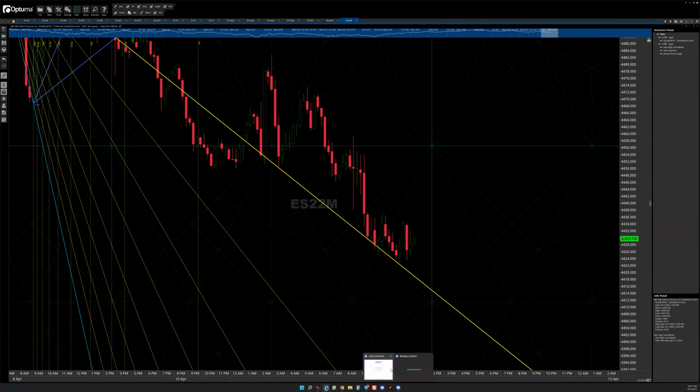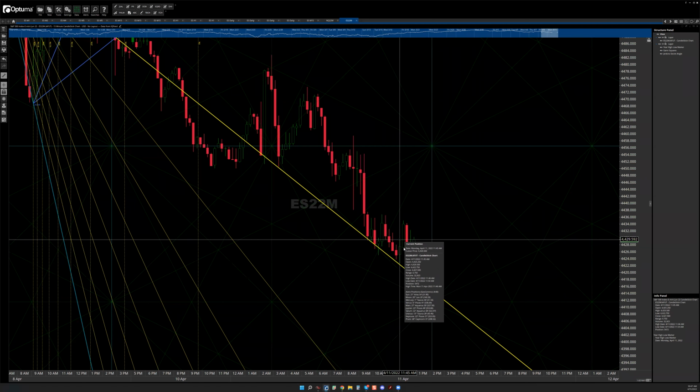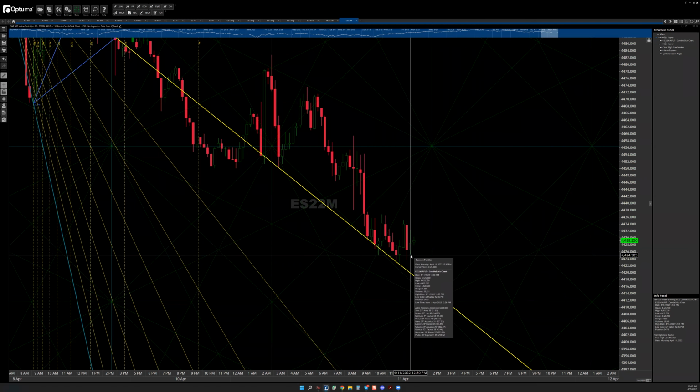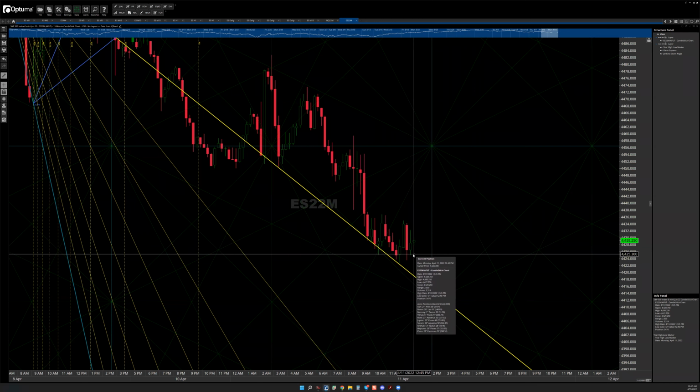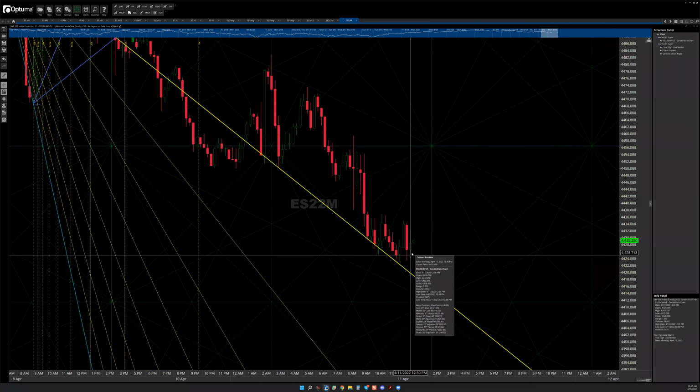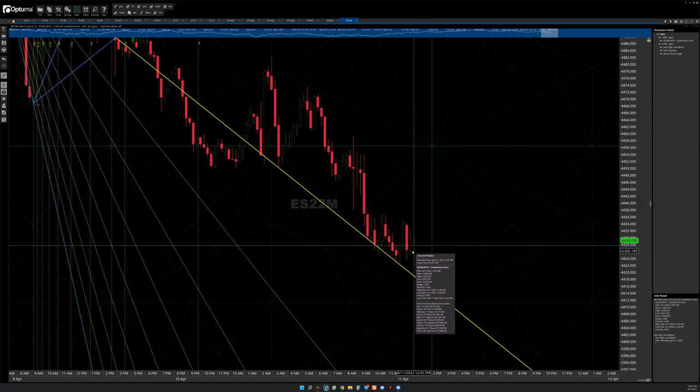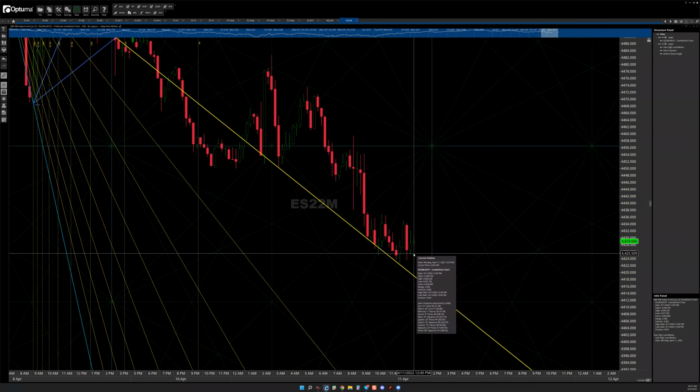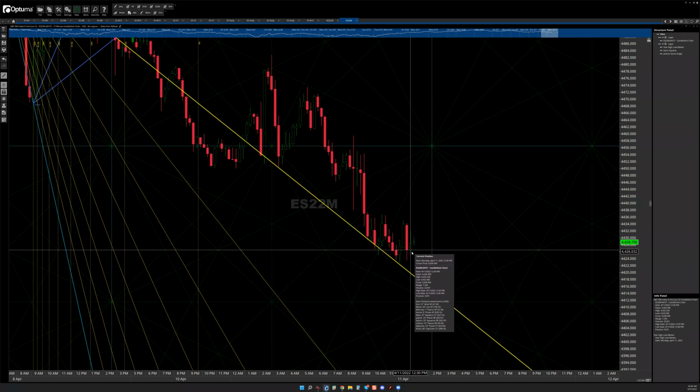I don't think we're going to keep going down based on this right here, having seen this buying pressure here. But I wouldn't doubt it if we come back down at least to this level. That's basically how brutal the market's been.